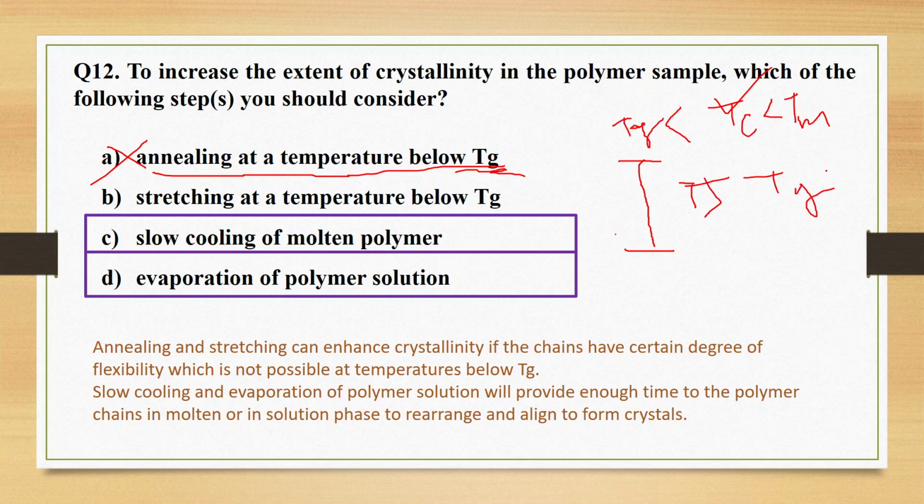Obviously you need a temperature higher than Tg, because only then will it go from a glassy to a rubbery state. And when it is rubbery and you are stretching, you are aligning the polymers, so some parts of it will start to form crystalline domains. By that you can impose crystallinity.